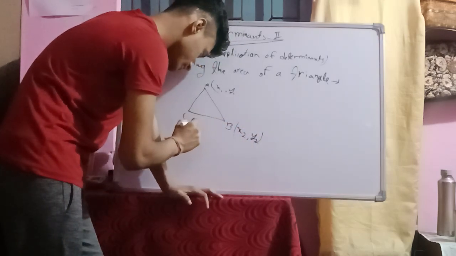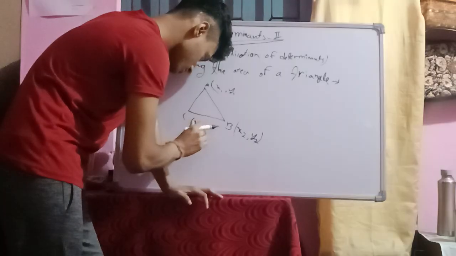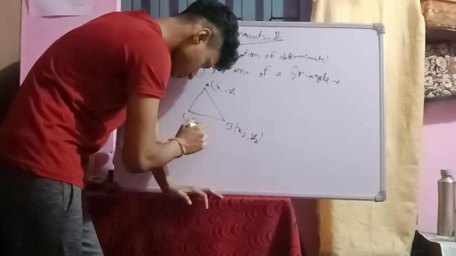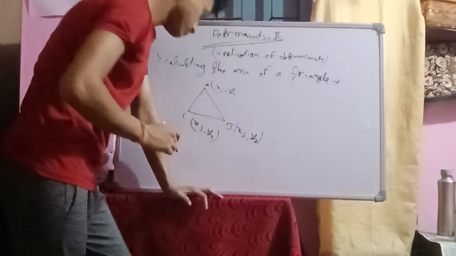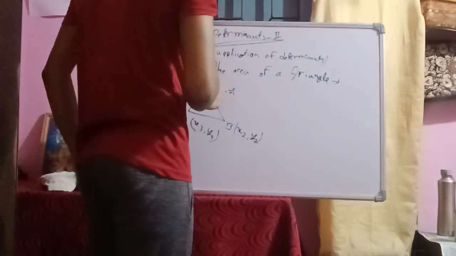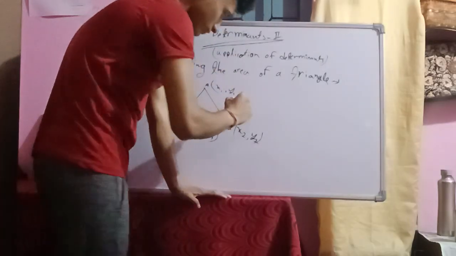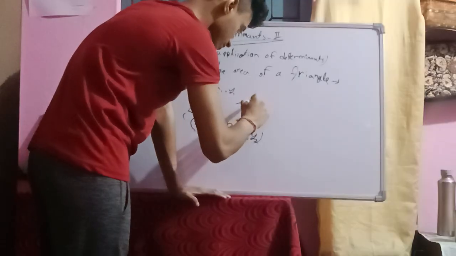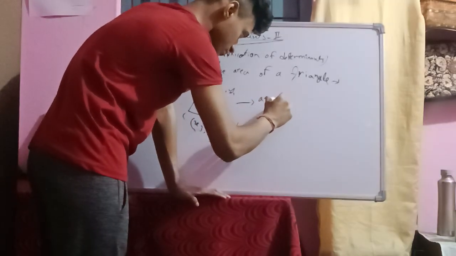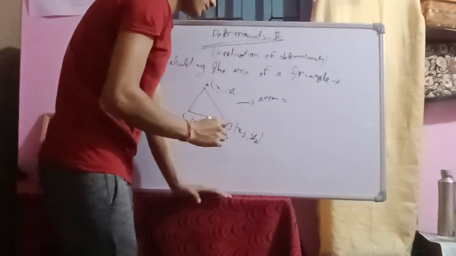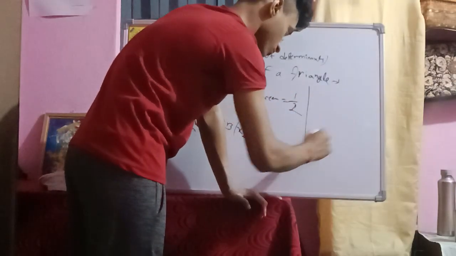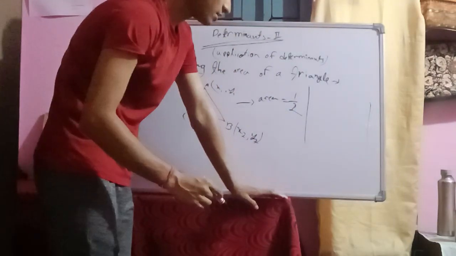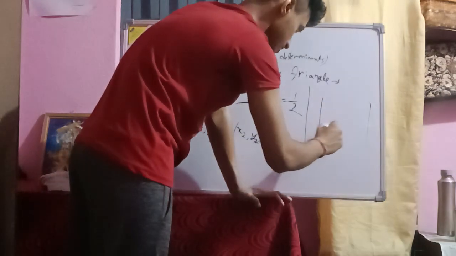And for point C, it's x3, y3. Now, if we want to find the area of this triangle, the area would be half of the modulus of a determinant, and the determinant would look like this.